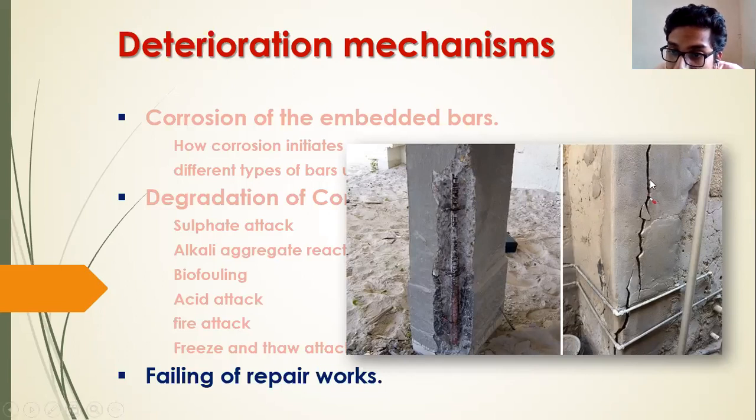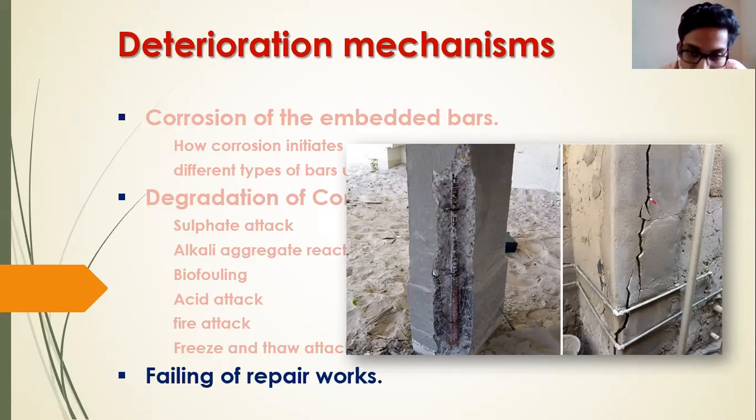You can see my mouse pointing at the patchwork, the new concrete system, and this is the old concrete system. If you don't stop the corrosion, then patching work will not stop it. Once the corrosion starts, it will continue in the bar.